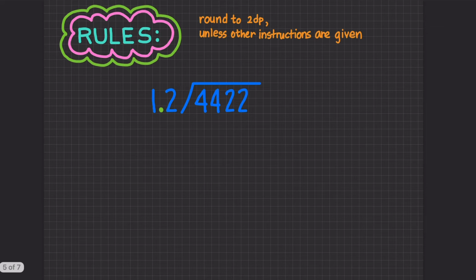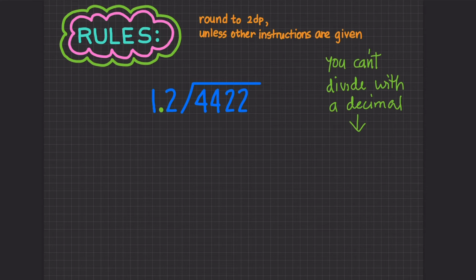The second rule is you cannot divide with a decimal. You need to make it into a whole number, and you do that by moving the decimal point.